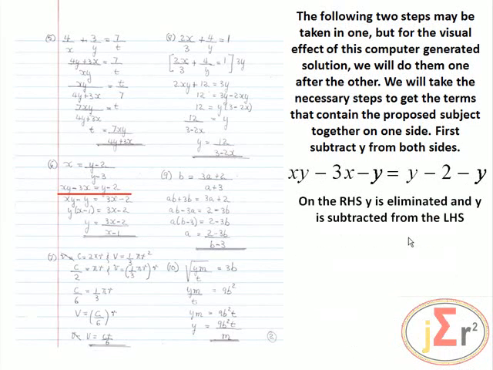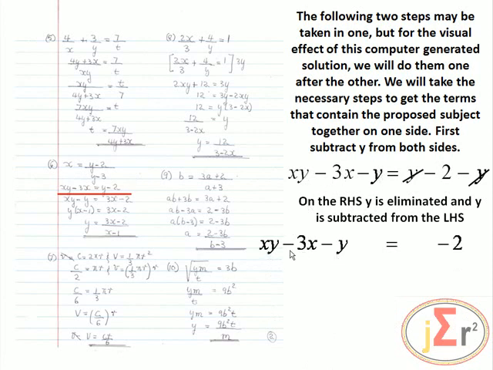On the right hand side, y is eliminated and y is subtracted from the left hand side. See, we have them eliminated on that right hand side and we are subtracting y on the left hand side. So there we have on our left hand side xy minus 3x minus y.